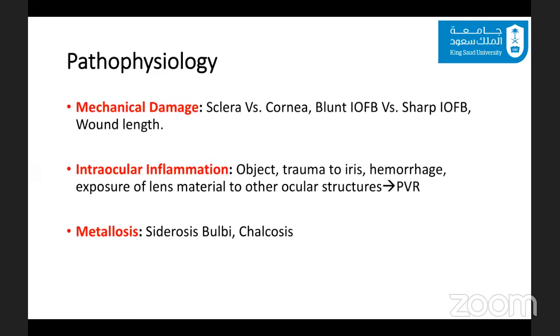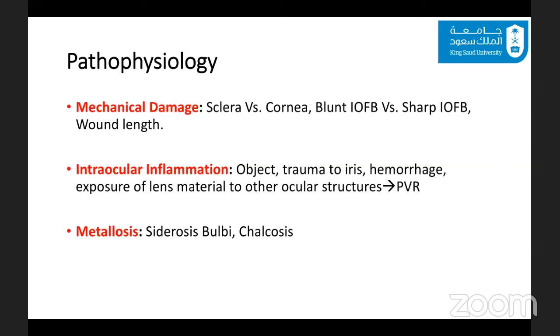The pathophysiology of the intraocular foreign body is that it causes mechanical damage, usually to the sclera, cornea, or both. Cornea entry is a little bit better from our point of view, because this means that it didn't pass through the uveal tissue or the retina.